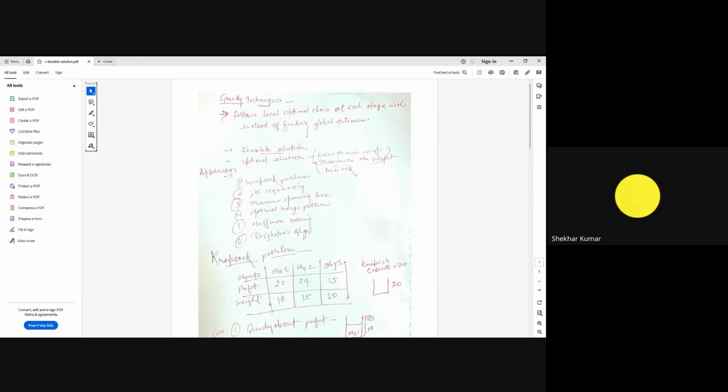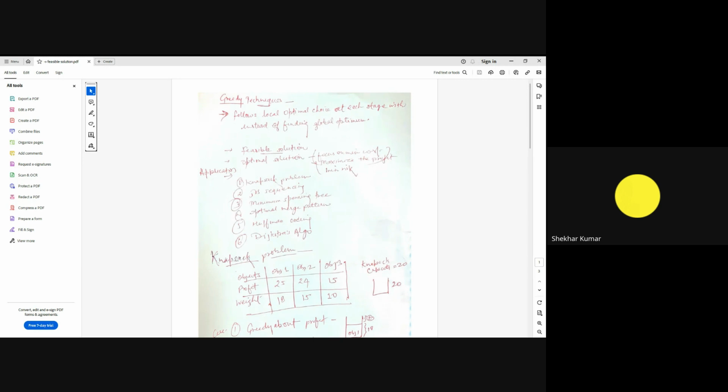It always follows the local optimal choice at each stage, instead of finding the global optimum. An optimization problem is one which needs the best solution among all the possible solutions. At every stage, it will select the optimal solution, which is the best.